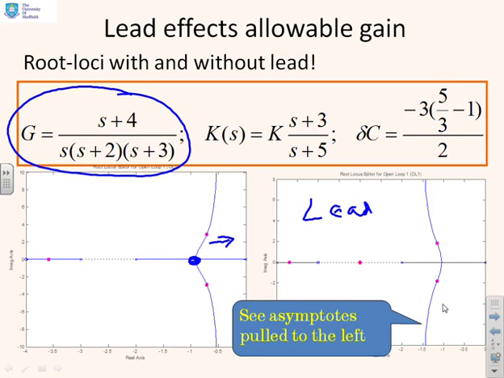You'll see that the loci now go this way. Whereas before the centroid was about here, around -0.5, now the centroid is here, around -1.5. So the poles have been moved further into the left half plane. And what this means is that I can use a slightly bigger K before I start getting a system which is too underdamped to be useful.